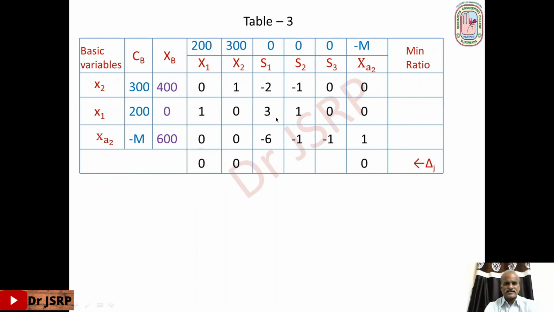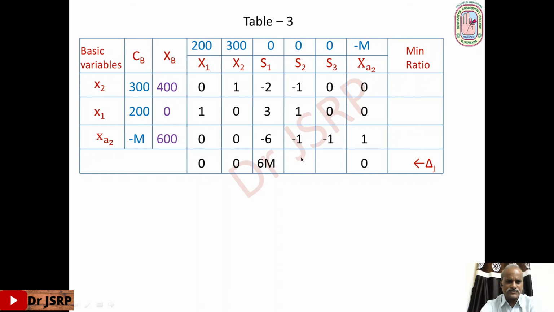Now find the delta J values for the non-basic variables. For S1, take the CB column into this column, minus this value. Here we have the minus M term, so we can calculate just the minus M term and neglect the other terms. Minus M into minus 6 is 6M.